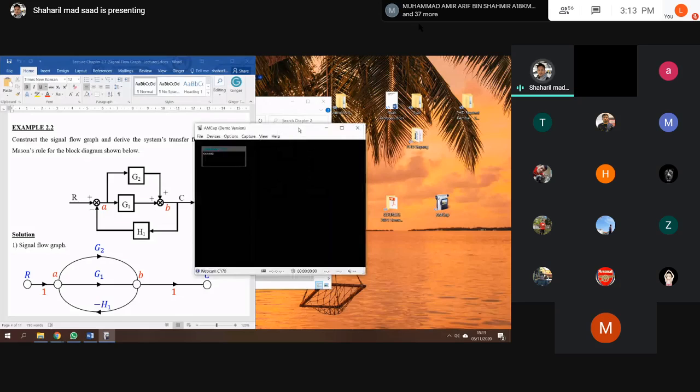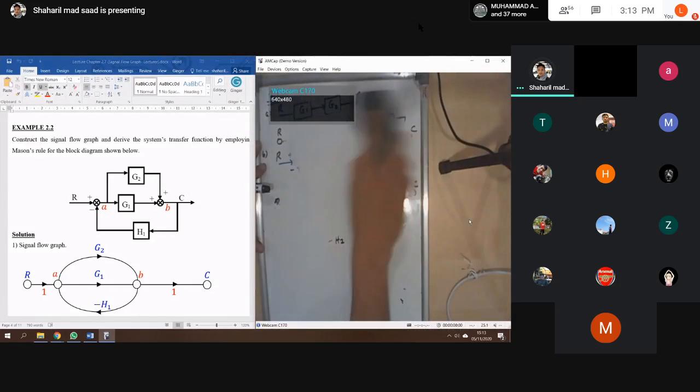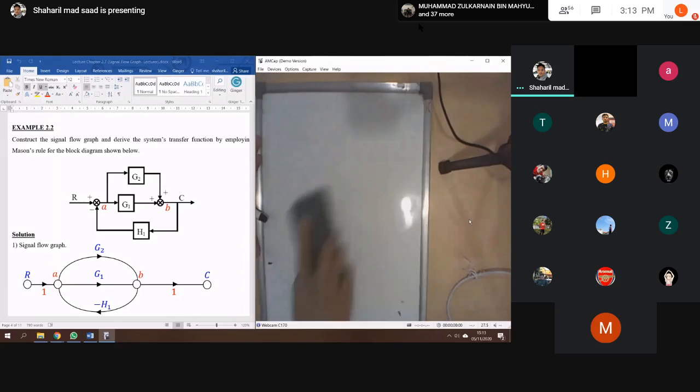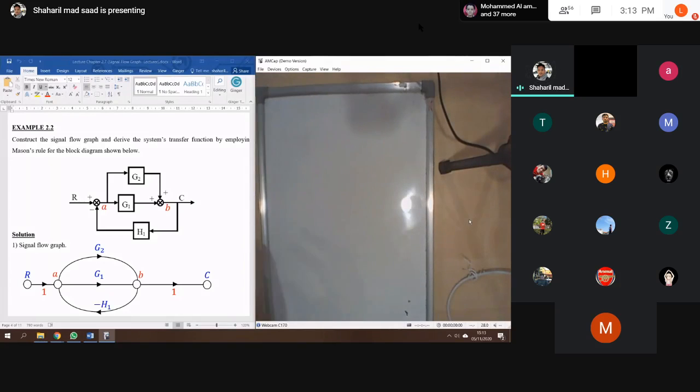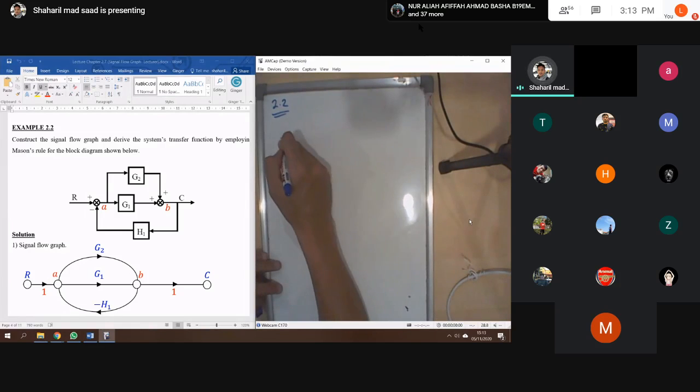Alright, this one. Example 2.2. So now you have to construct the signal flow graph.